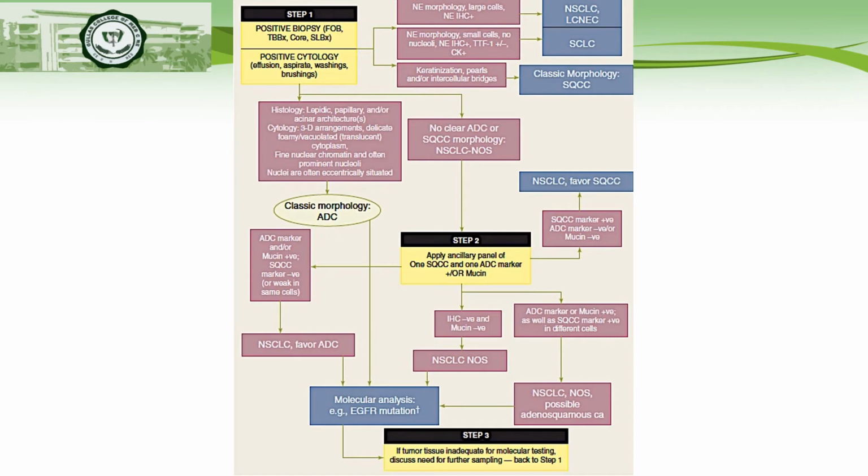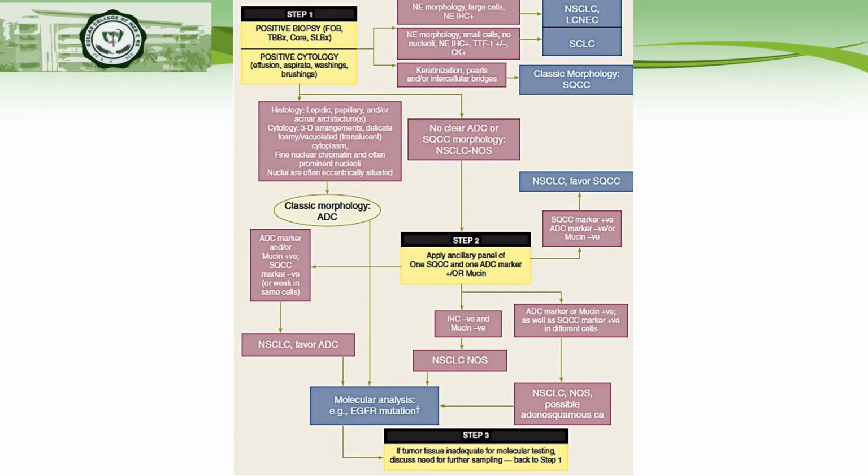So I don't know if you can see, but this is an algorithm lifted from Schwartz. It shows the diagnosis for adenocarcinoma in small biopsies and/or cytology. So you don't have to memorize this. It's just nice to know.